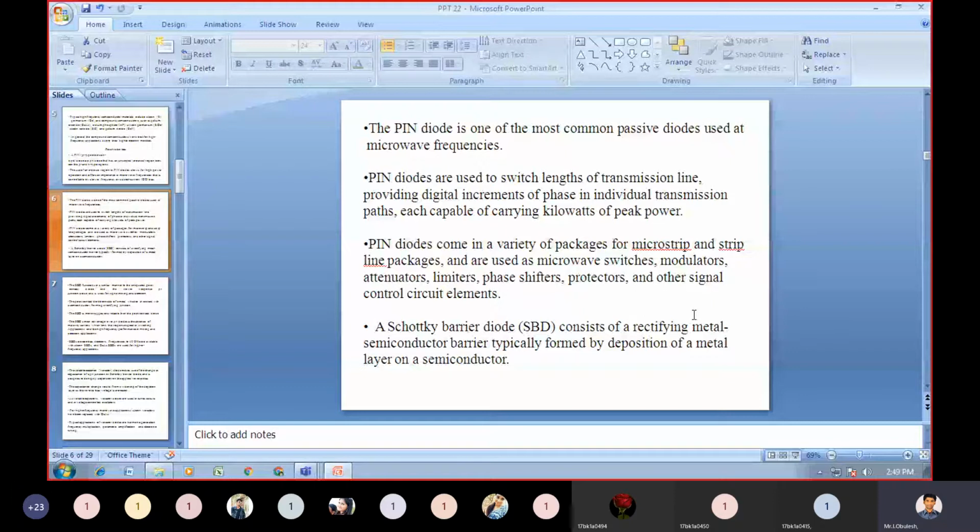The PIN diodes come in a variety of packages for microstrips and stripline packages, and are used as microwave switches, modulators, attenuators, limiters, phase shifters, protectors, and other signal control circuit elements.